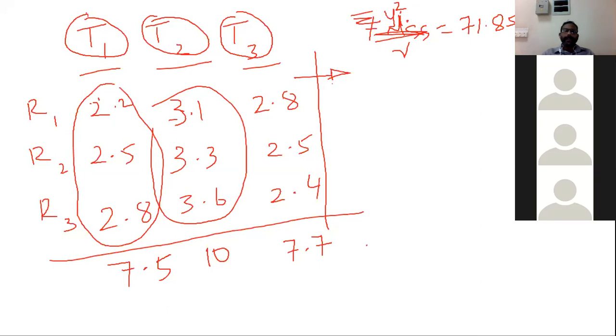That is not exactly treatment sum square, right? So this is the value.